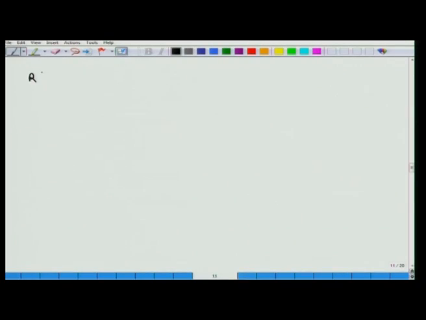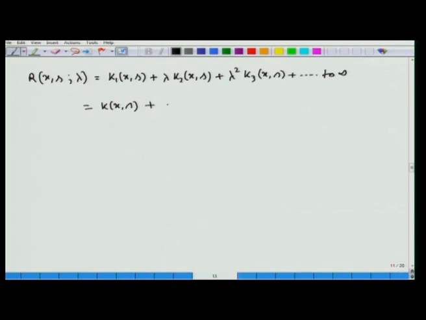We start with the definition, that is R(x, s; lambda) is equal to K1(x, s) plus lambda K2(x, s) plus lambda square K3(x, s) plus dot dot up to infinity. And we can write this is equal to, since K1(x, s) you know is actually K(x, s), this plus summation n running from 1 to infinity lambda to the power n K_{n+1}(x, s).